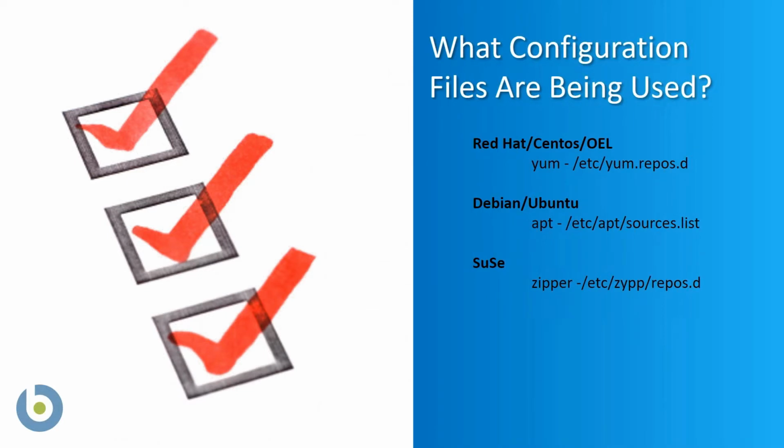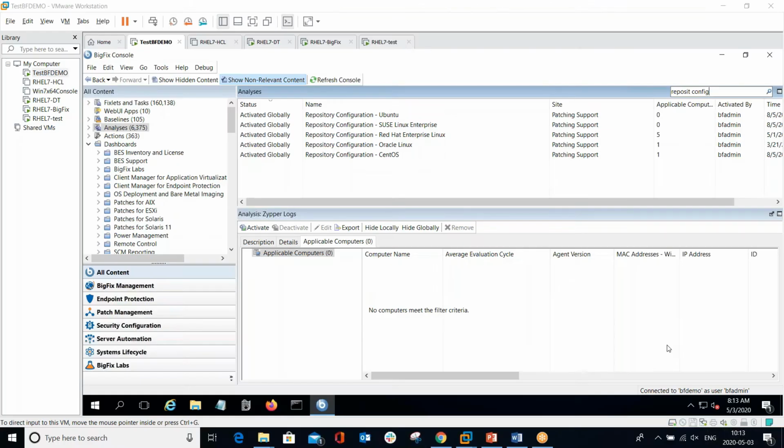Using the dashboards, you can either create and deploy the config files that represent any repositories you may have available, or you can import existing config files in your environment that are tied to enabled repositories. Each of the custom repository dashboards has a specific analysis that monitors the appropriate configuration directory for the operating system. Be sure to activate the ones that you need.